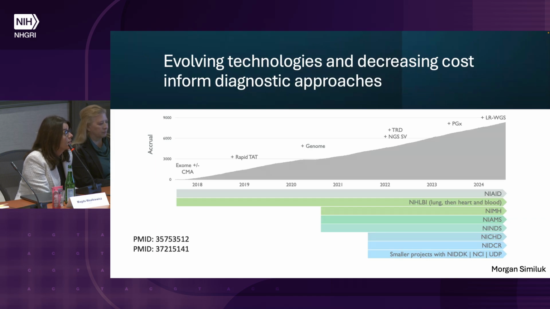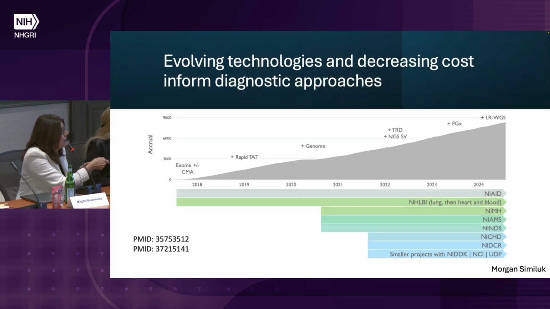We did a pilot study in 2023, and we currently have a couple of pilot studies utilizing long-read genome sequencing for our participants. On the bottom, what I'm showing you is the history of the services offered through different institutes around the clinical center, and then on the y-axis of the numbers is the accrual, or how many patients are currently on the protocol.